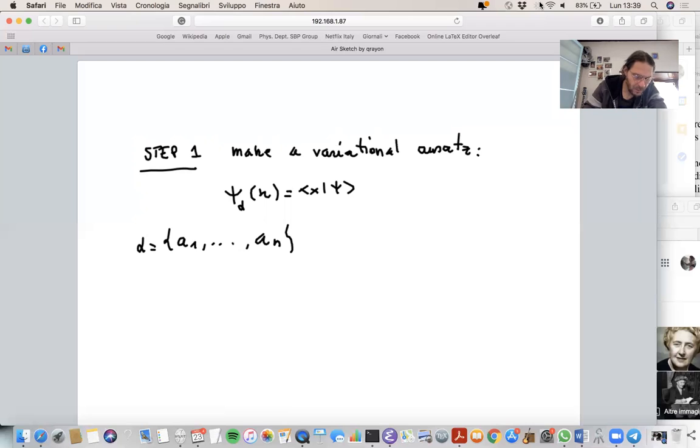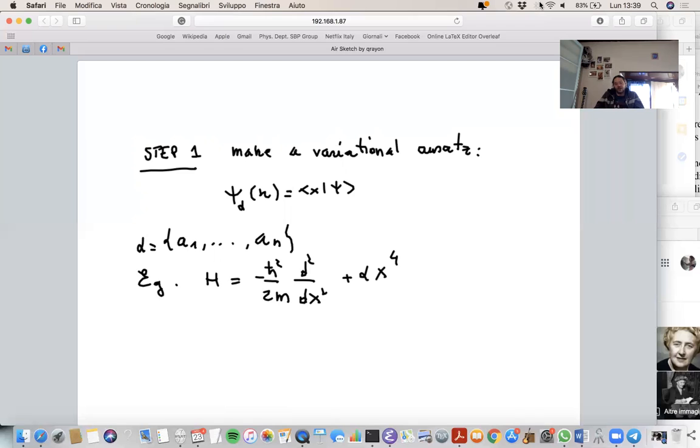For example, suppose we are interested in a Hamiltonian for the one-dimensional Schrödinger equation, for simplicity, with a potential that is a harmonic potential, with some correction, or even a quartic potential, let's say alpha x to the fourth. Since x to the fourth is not x squared, we don't have a simple analytic solution for that, right?